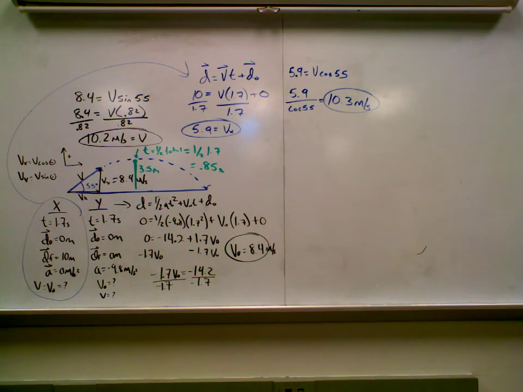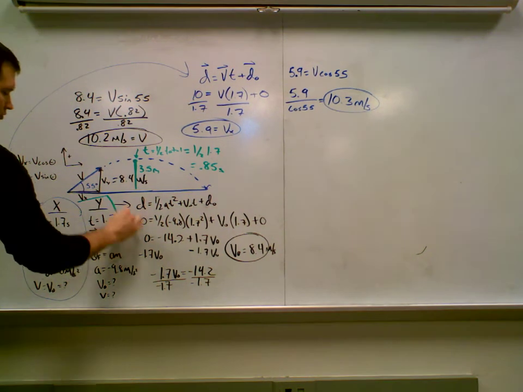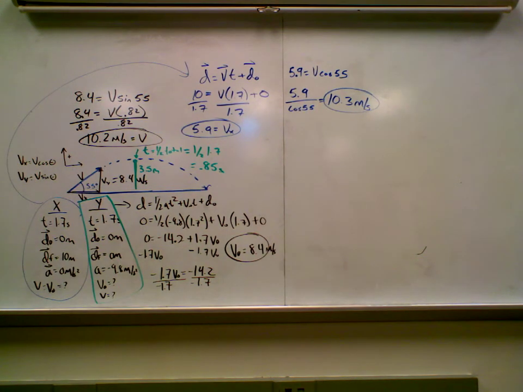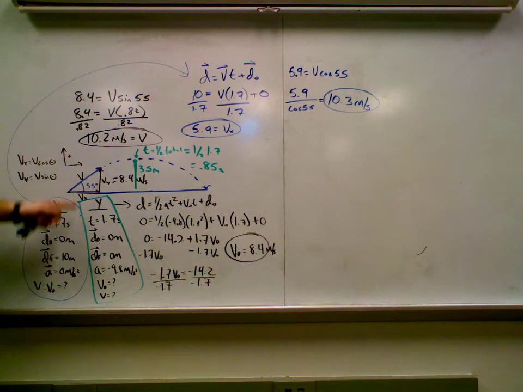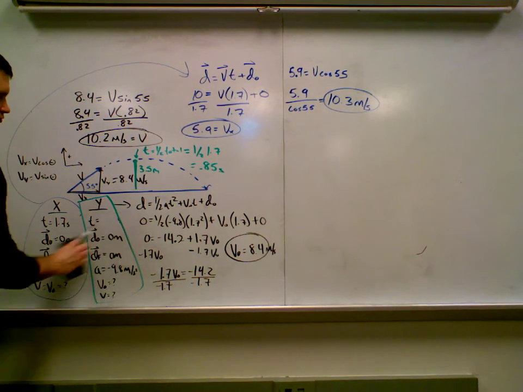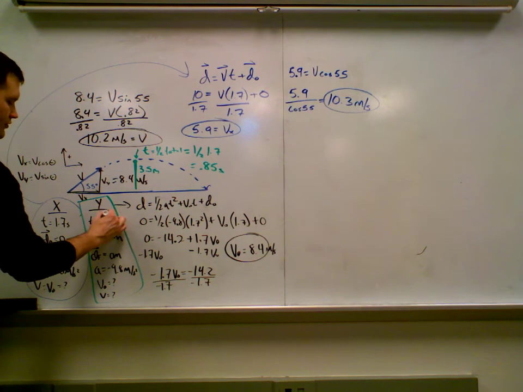We should look at the Y direction, right? Now for this part of the problem, what are we changing in my list? Is time still 1.7? No, time is now what?